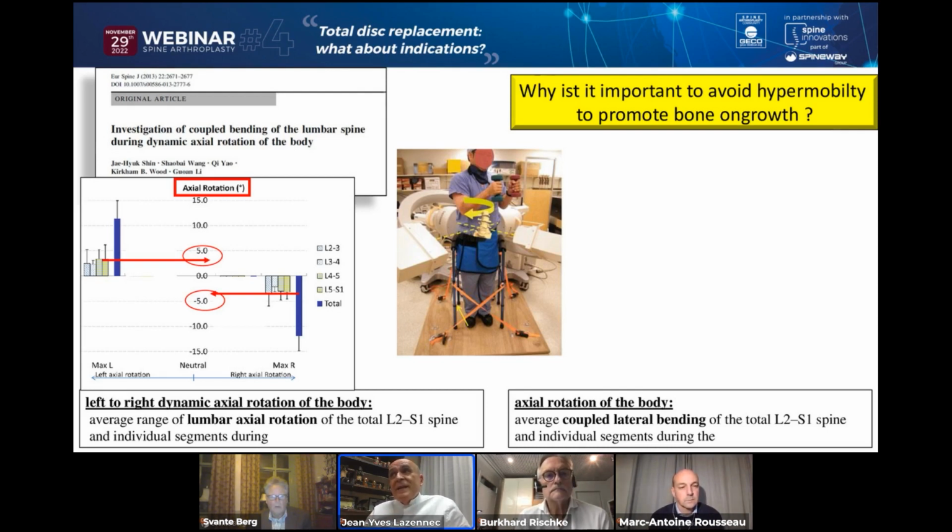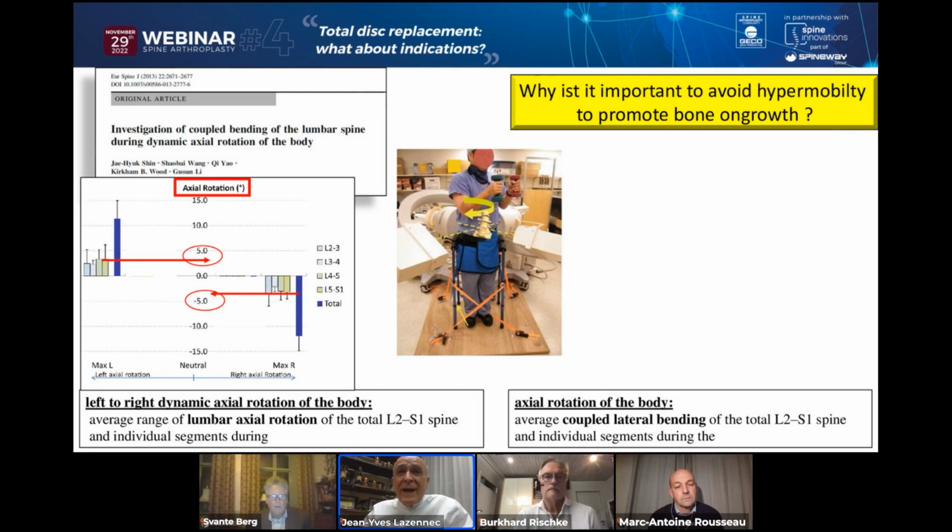It means that if you don't ask the patient to be a little bit careful to do maximum rotation, you may have normal or deleterious rotational movement, which can be a problem for bone integration.